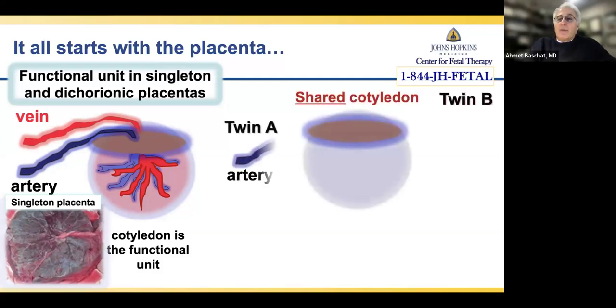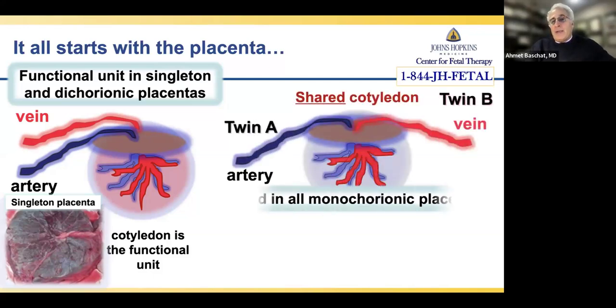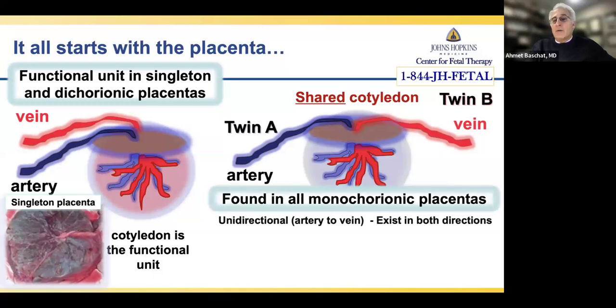In a monochorionic placenta, you have shared cotyledons, where the artery from one twin connects with a vein to the other twin. These shared cotyledons are found in all monochorionic placentas, and they can exist in either direction.